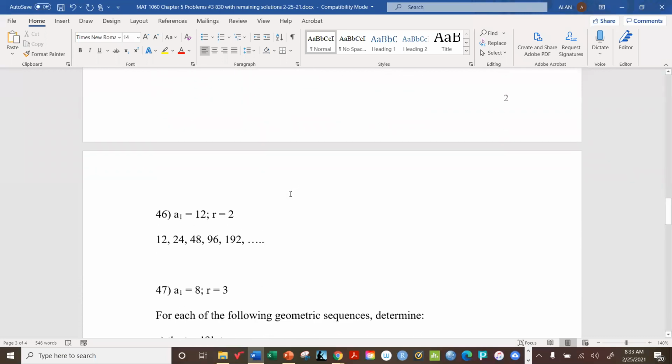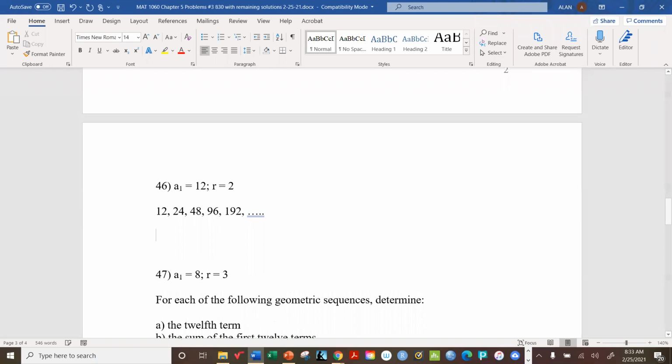And then you need to look for the 12th term. Now, you could certainly keep doubling, but the numbers will get big, and I mean big, if you keep doing that manually. So this time, I think it might be a better idea to use the formula, which is A_N equals A_1 times R to the N minus 1 power.